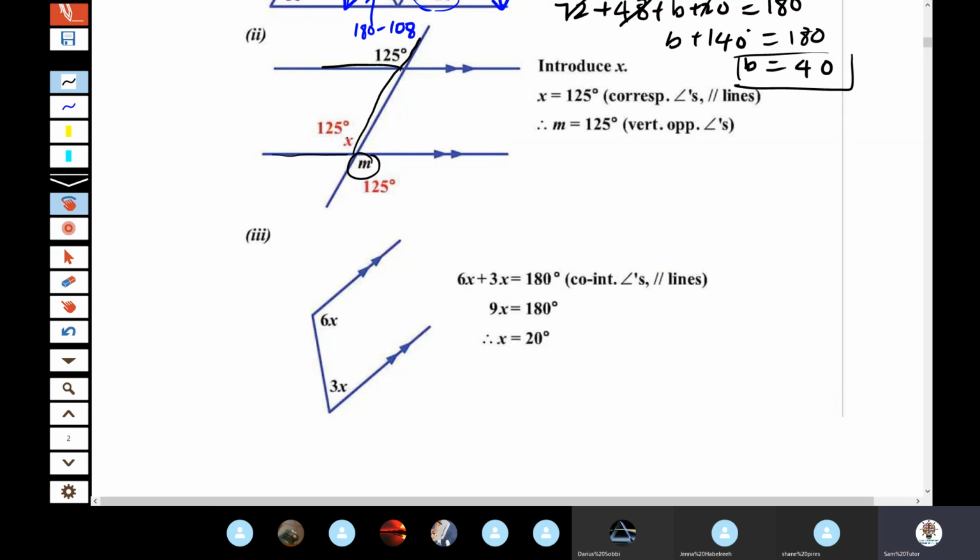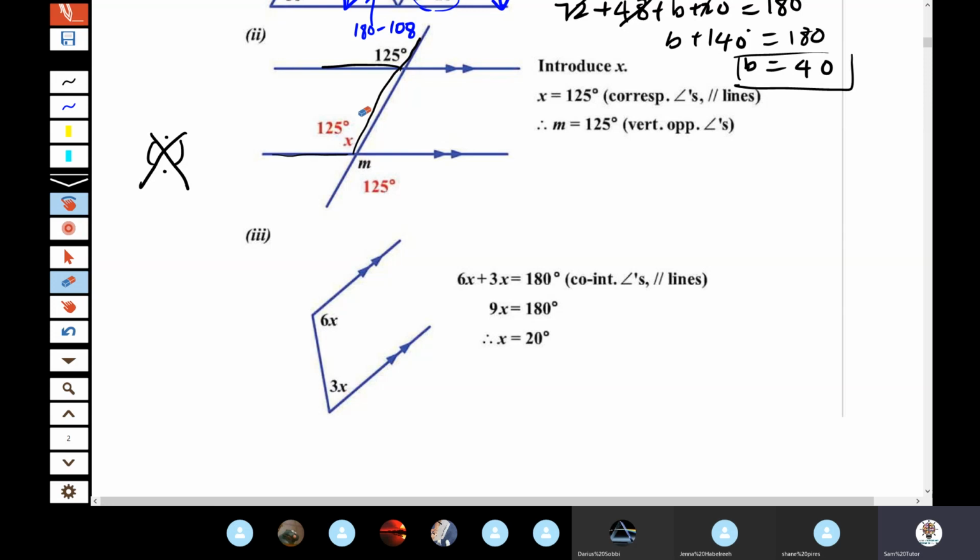And then, of course, vertically opposite. Does anyone not know what vertically opposite is still? These ones here are vertically opposite, and these ones here are vertically opposite. So they're like your scissors ones. If that's 125, then you could have found that is 125.